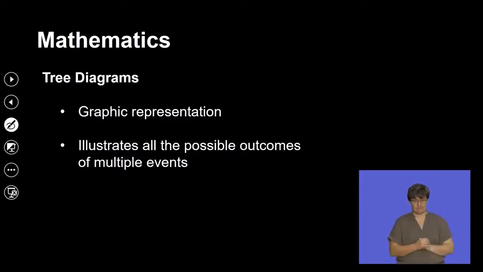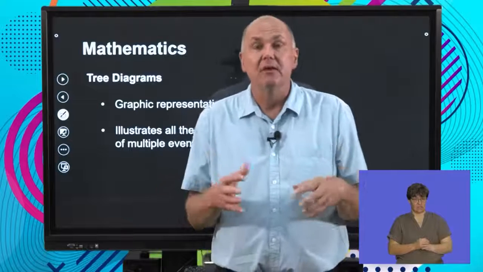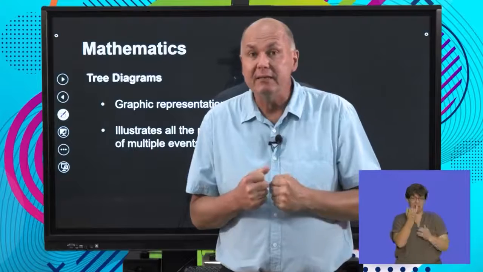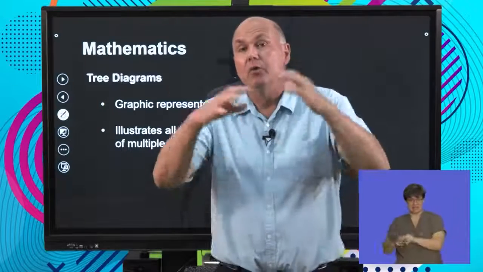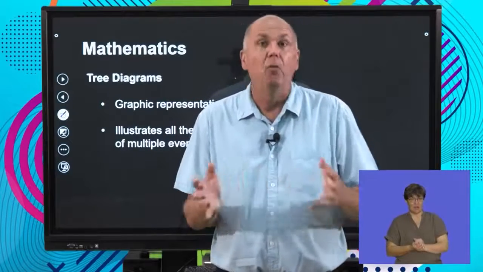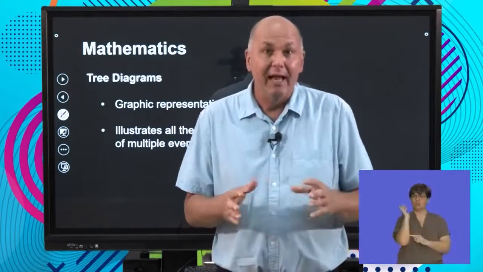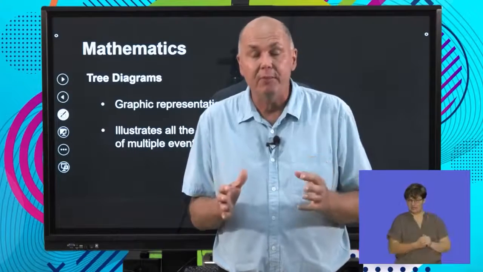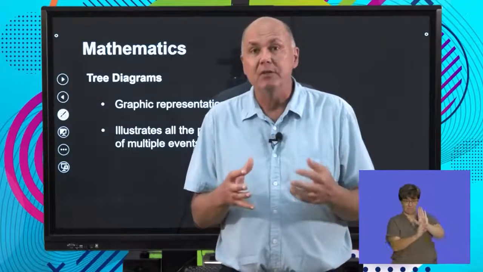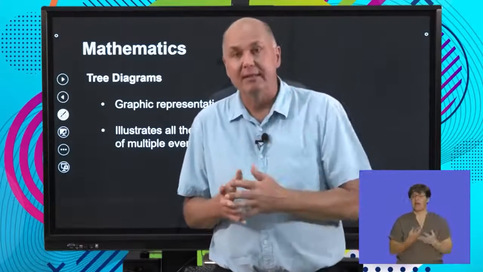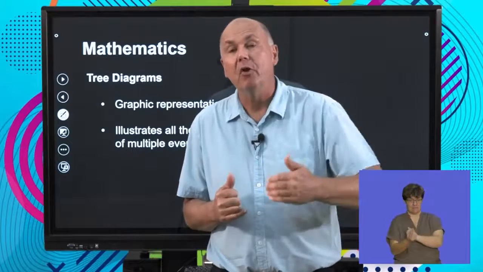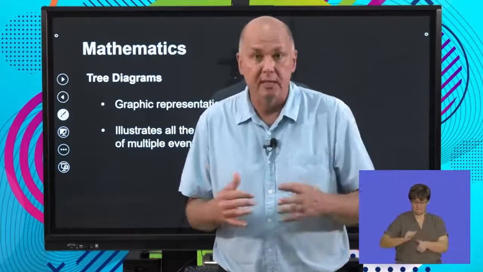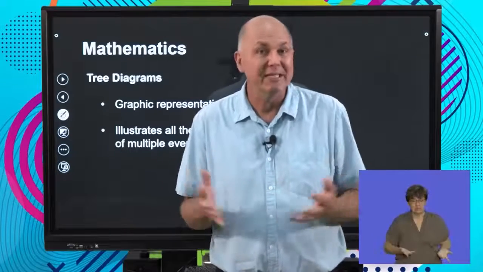So let's focus now as we look at these ideas of independent and dependent events together with all the other rules that we have on what a tree diagram is. A tree diagram is a graphic representation of what happens when we have a series of events that can be following on, a series of choices that can take place on a particular day.